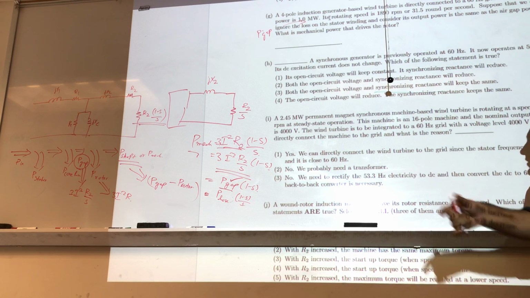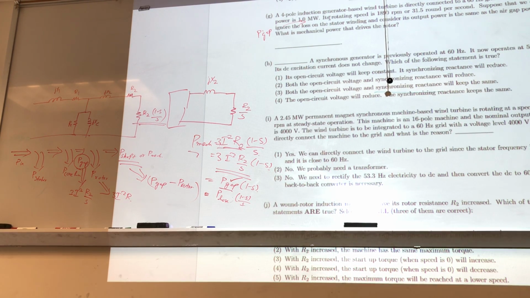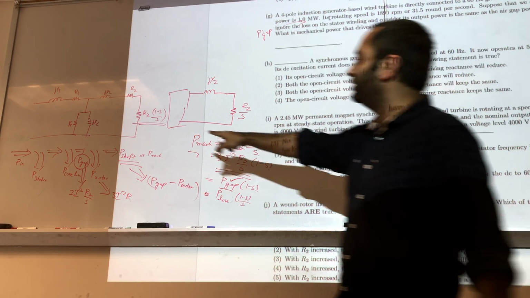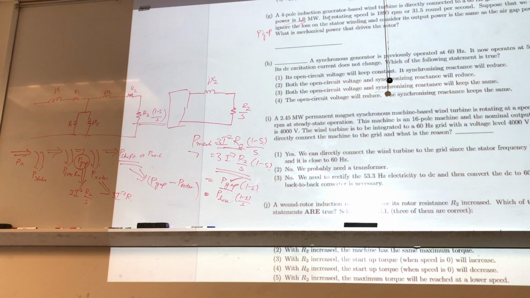And P gap is because of the air gap inside the motor, because it's between the rotor and the stator. So how much power is transferred from the stator to the rotor? So we have an induction machine here, right? This is the stator and this is the rotor.